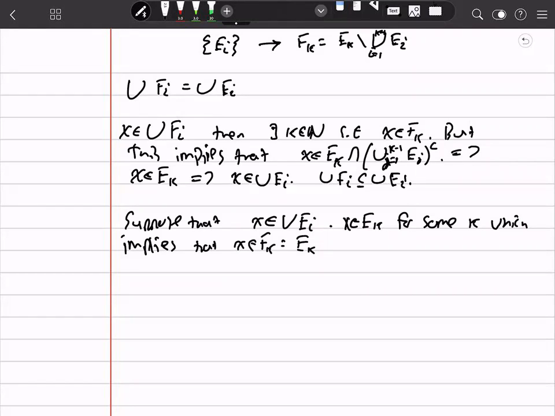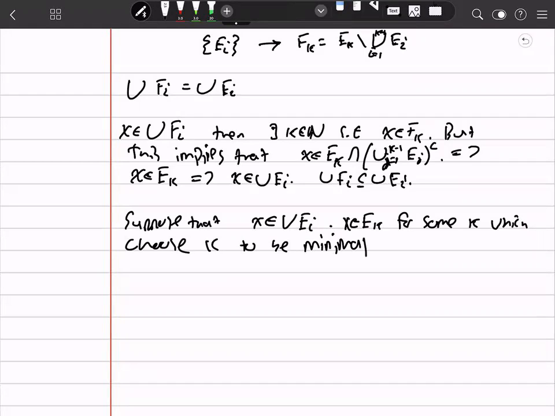a piece that I skipped. So in this line here, for some K, what we actually want is to choose K to be minimal.